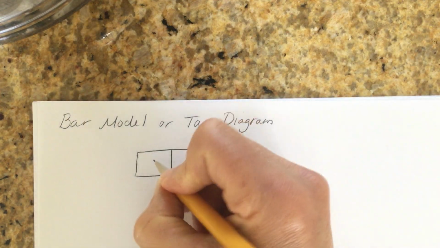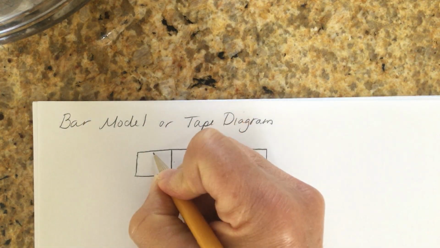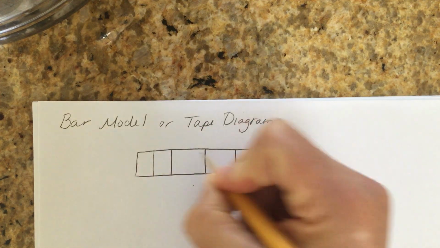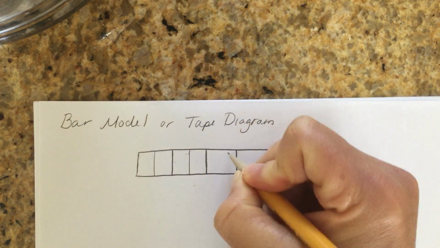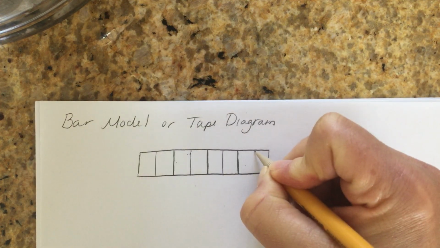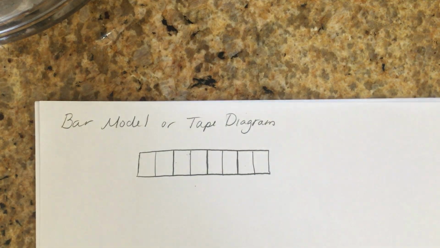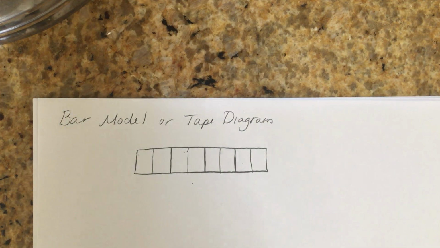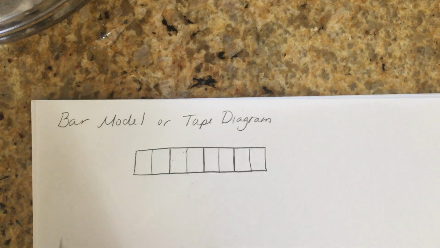And now I'm going to go in and I'm going to take each fourth and split it in half. And then I have my eighths. And as you can probably guess, if I split over half again, I'll have 16ths. I probably wouldn't go any further than that because at that point, those pieces are getting too small, right? So there you go. I'm pretty proud of that.